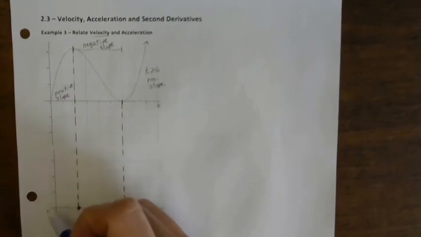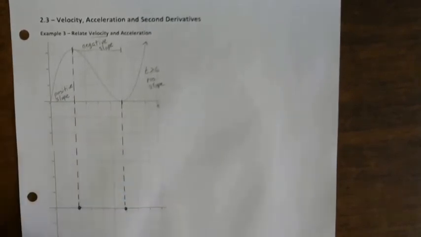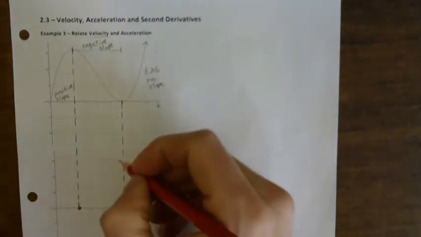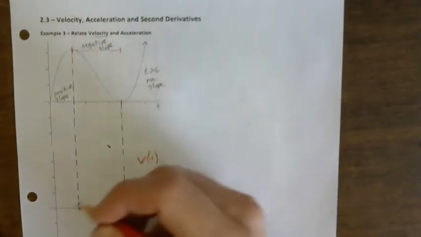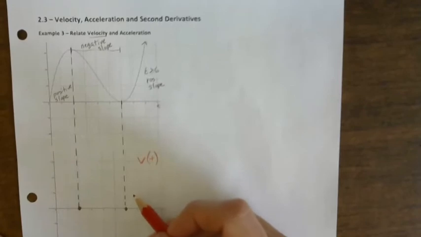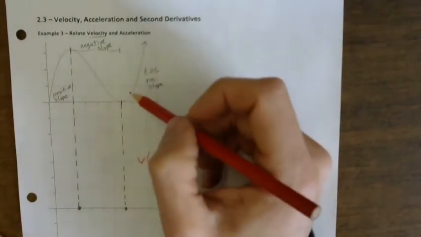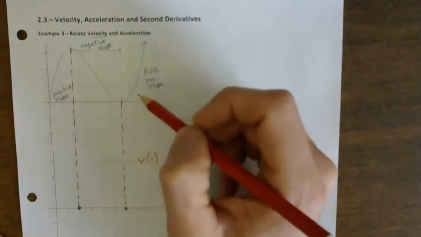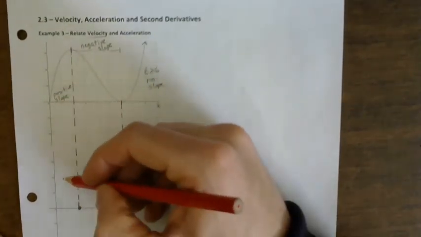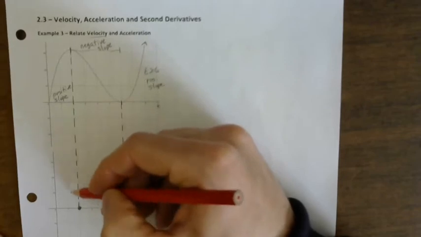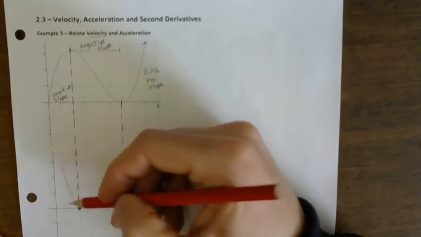All right, what does that indicate? Well, if this is going to be our derivative function, our function v with respect to t, then it's going to indicate the slope of our original displacement graph. So where the slope of the original graph is positive, the value of the derivative is going to be positive.